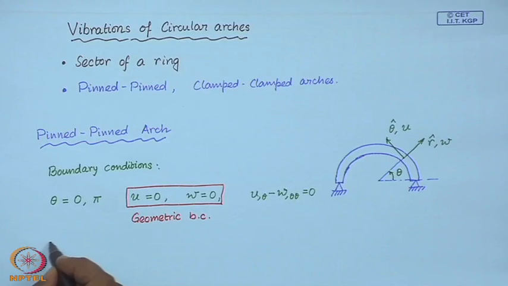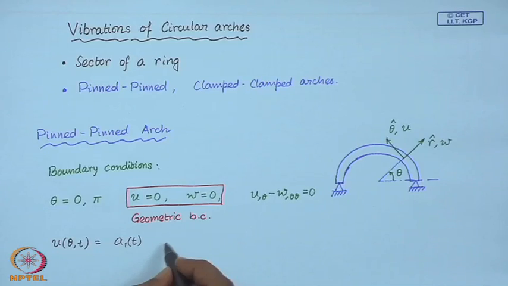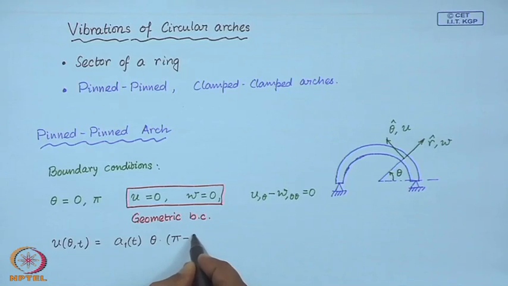So, we expand our field variables. The way I have chosen for this problem, the first admissible function is 0 at theta equal to 0 and also 0 at theta equal to pi.